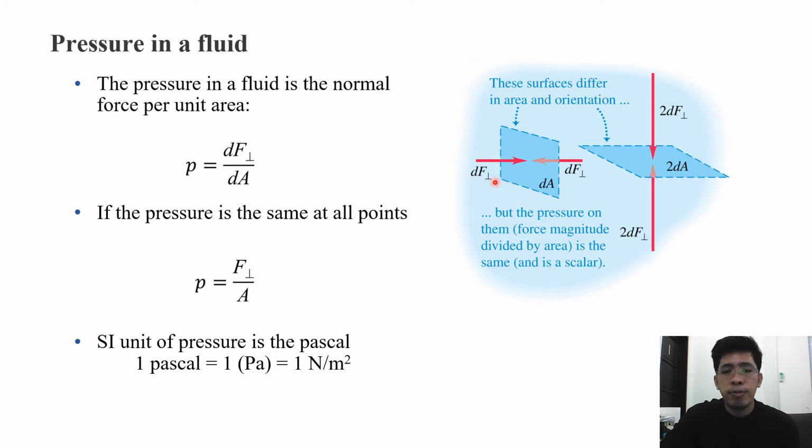So here you have a pressure on this side, which is equal to dF perpendicular, and you have a unit area of dA. So this is just your dF over dA. Here you have a force exerted by the fluid, which is equal to 2dF perpendicular, but your surface area is twice as large or twice as big as your first figure.